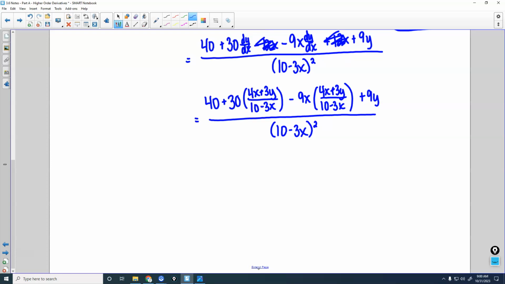Alright, so if you want common denominators here, like all this is over 1. So these two right here are going to have the 10 minus 3x. This one needs the 10 minus 3x. And this one needs the 10 minus 3x.